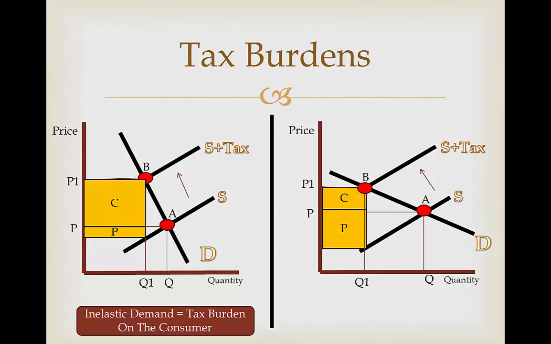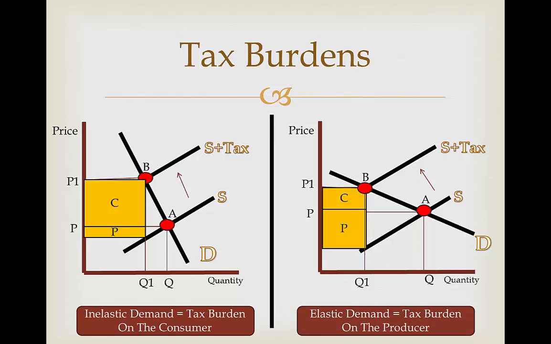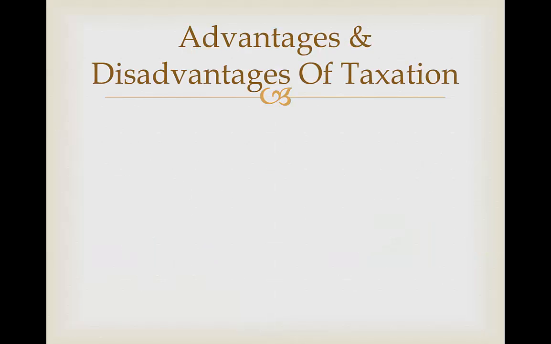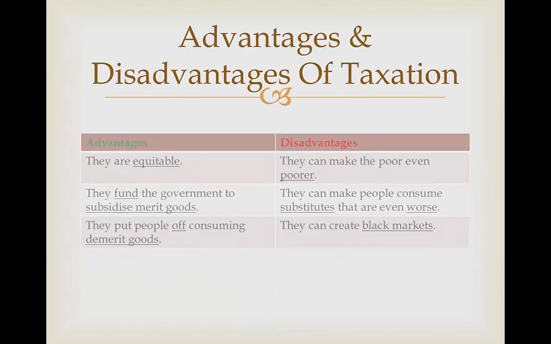We then draw on the part for the producer, which is between P and the original supply curve. So we can see that elastic demand means a tax burden that is larger on the producer. If we implement a tax on an elastic good, most of that tax will have to be paid by the producer. Now we'll look at the advantages and the disadvantages of taxation.